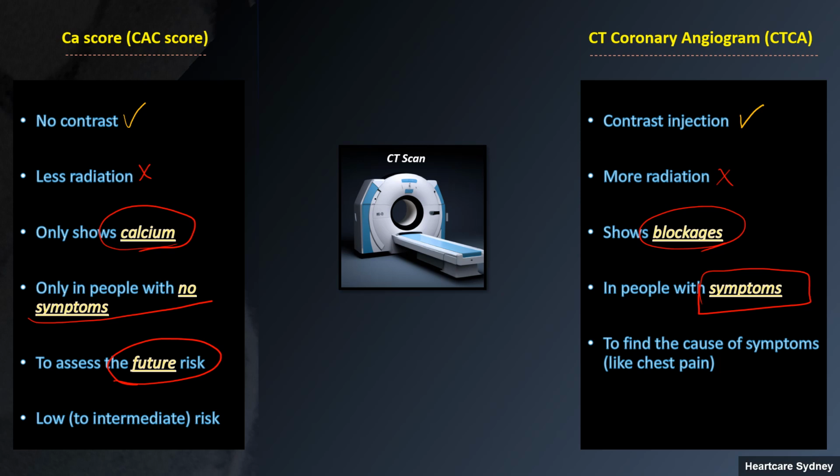However, CTCA is done to find the cause of someone's complaints. And last but not least, CAC or calcium scoring is done only in people who are low to intermediate risk from a cardiovascular disease point of view. But CT coronary angiogram can be done in anyone with any degree of risk.